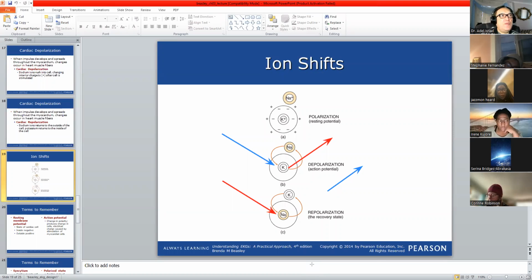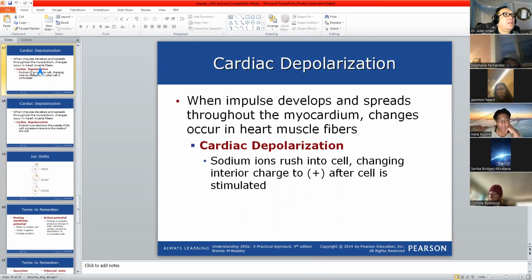Like we learned before, the word systole means a contraction. And we need to learn one more word, which is depolarization.